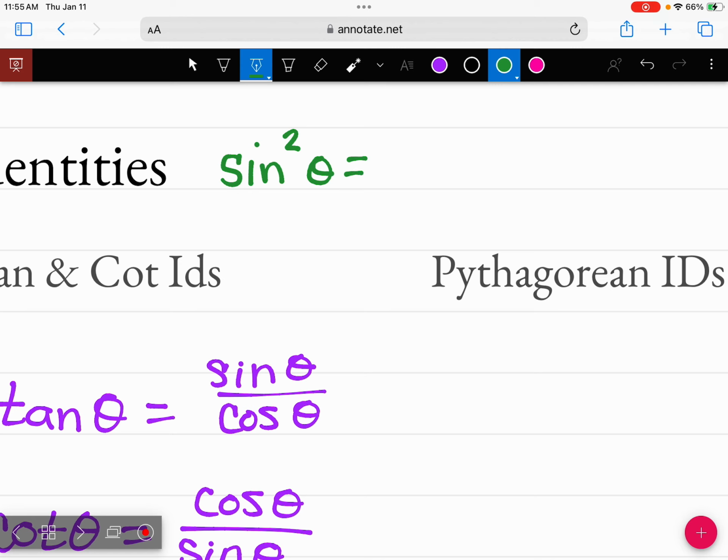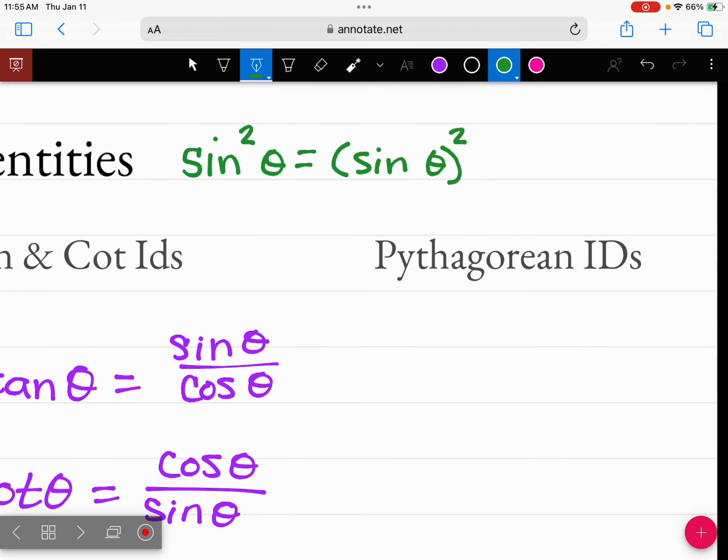That's the same thing as sine of theta, the quantity squared, which is sine theta times sine theta. We write it this way because it cuts out a lot of parentheses and looks less messy.